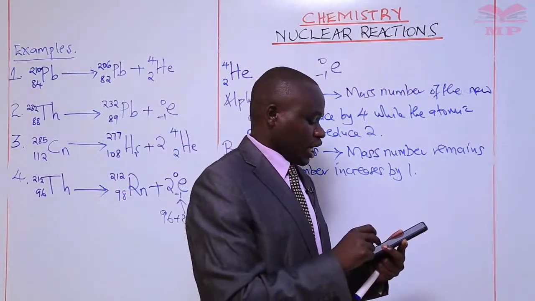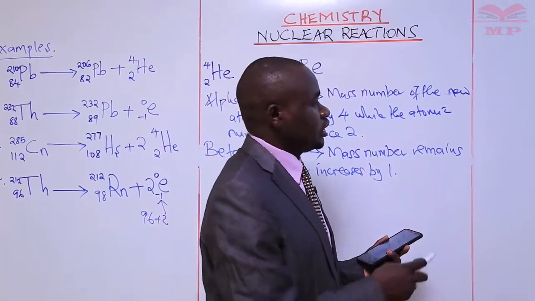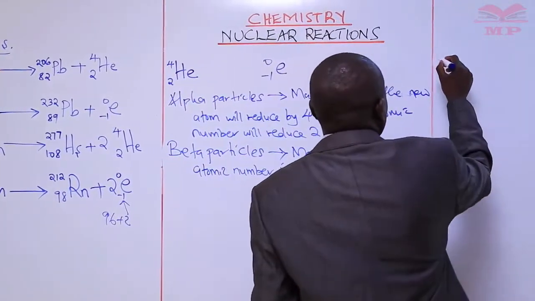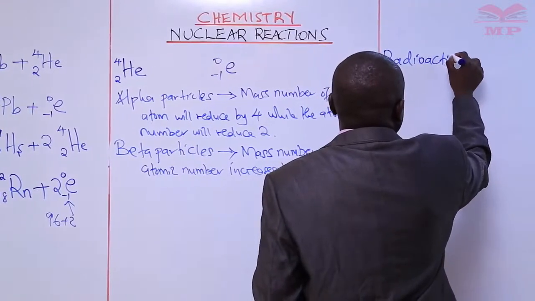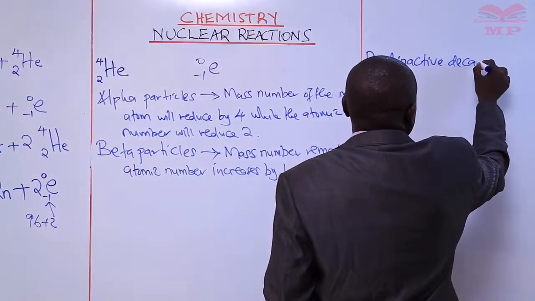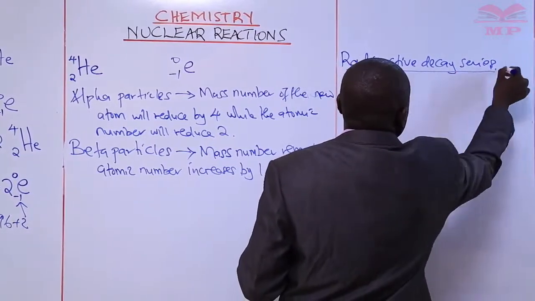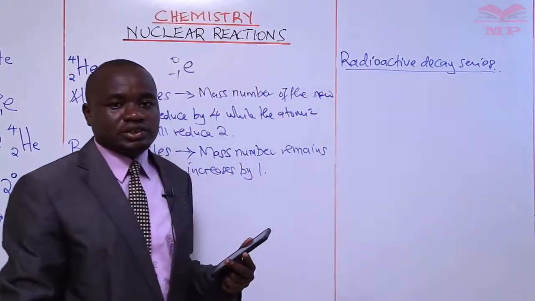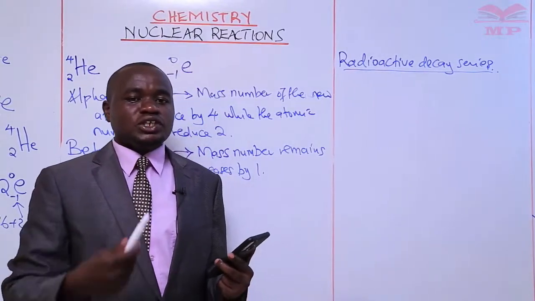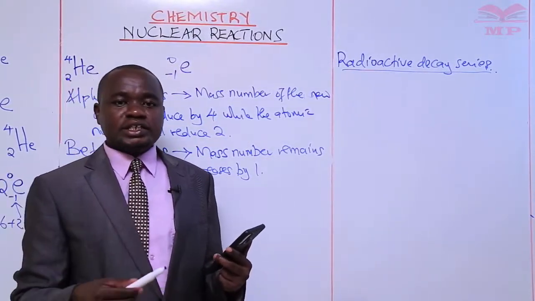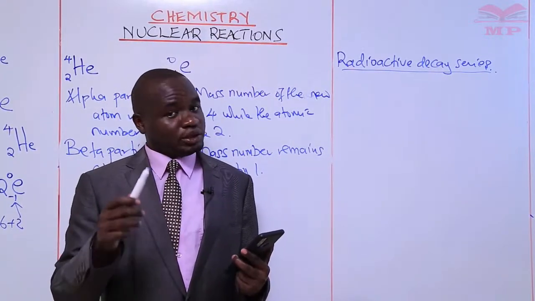So I want us to look at something that is related to that, and that is called radioactive decay series. When you talk about a series, it means decay is happening in several steps. We have seen a nuclide that is unstable will undergo radioactivity to produce a stable nuclide.